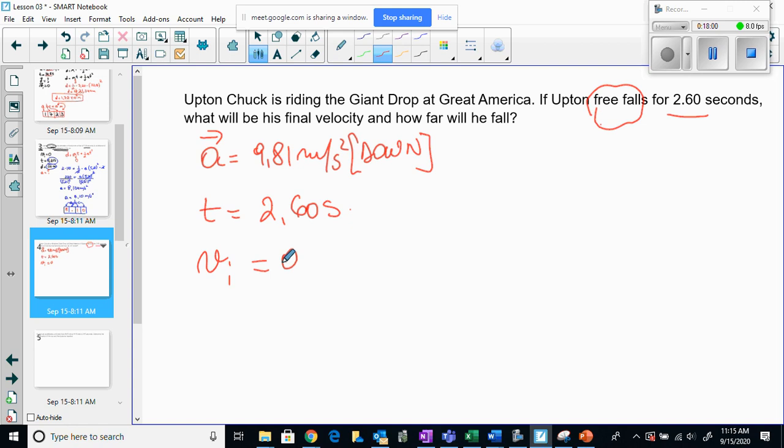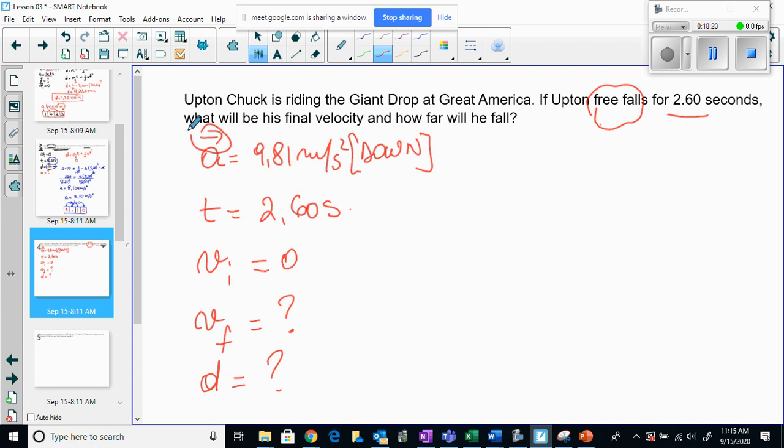Now, what we are looking for is the final velocity and then the displacement. Everything is happening in one direction and it's going down, so even if you don't write the vector sign for the acceleration, you will still be fine.